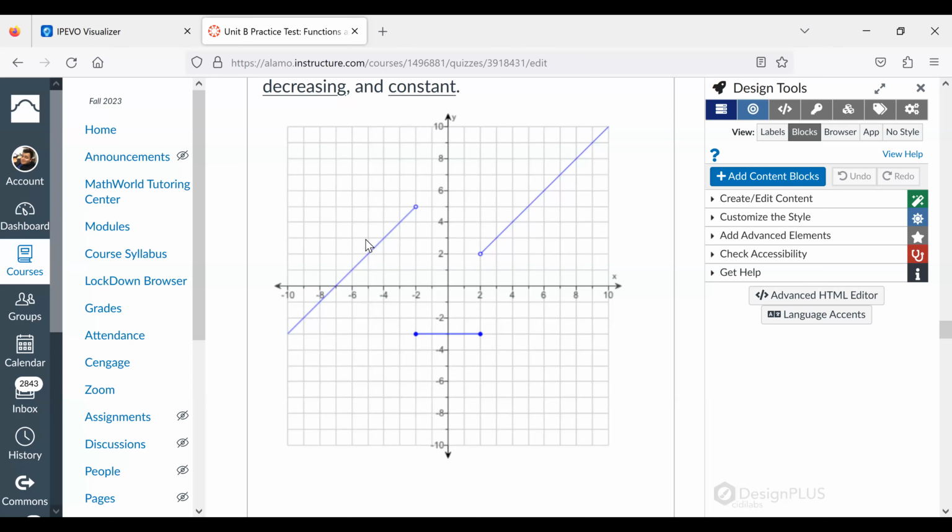Negative infinity. Yeah, 2 to infinity for sure, and negative infinity to -2. So we'll put a union and have those two pieces.